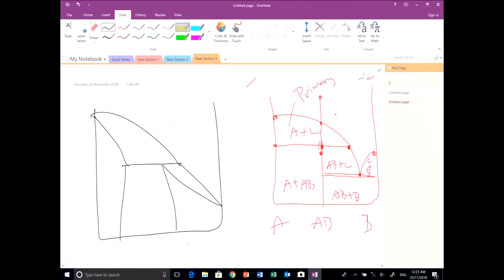This is a very common shape that we see in diagrams. So let's have a look at what we have. What's right here? That's a solid solution, and we're going to call it what? Alpha.